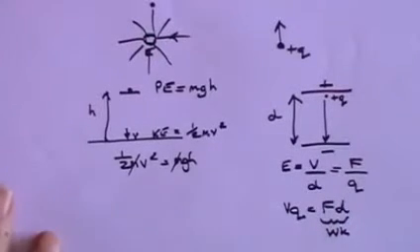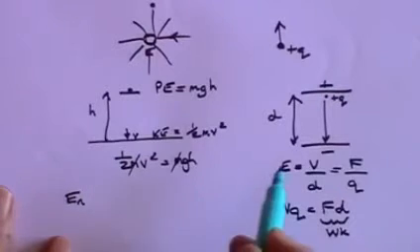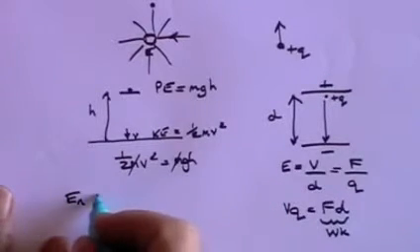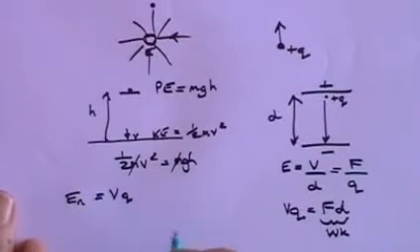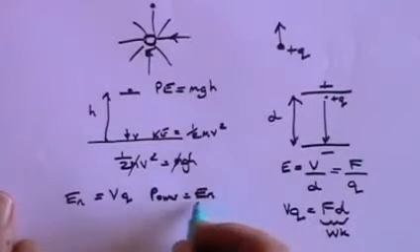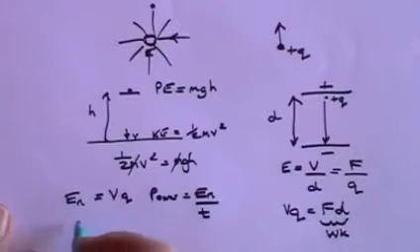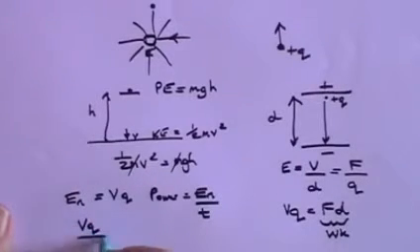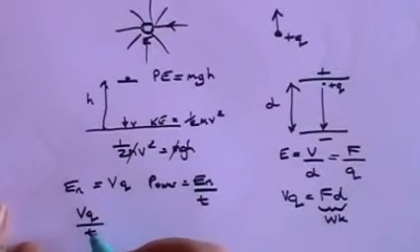And to take that a little bit further, if we say that energy, I'm going to call that En to distinguish it from the field, is equal to VQ, then power equals energy divided by time. And that means VQ divided by t. But what is Q over t?